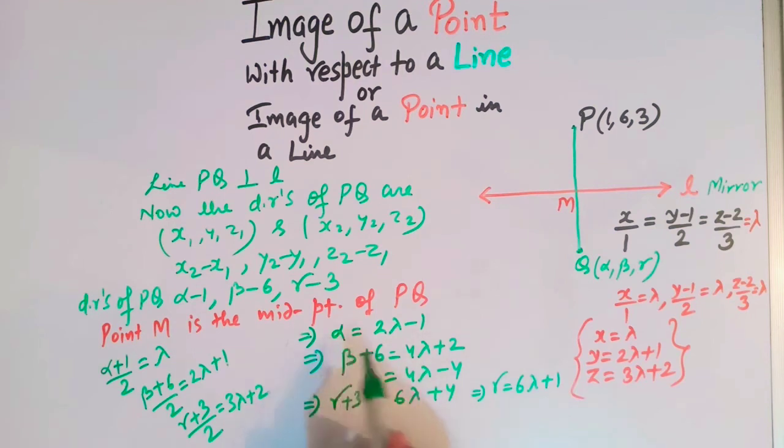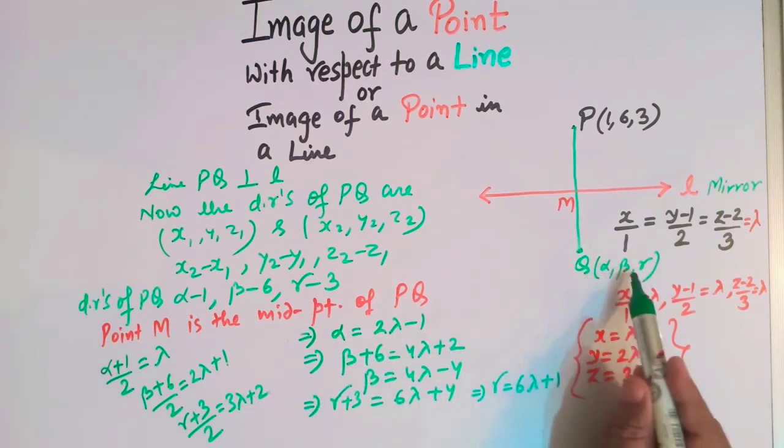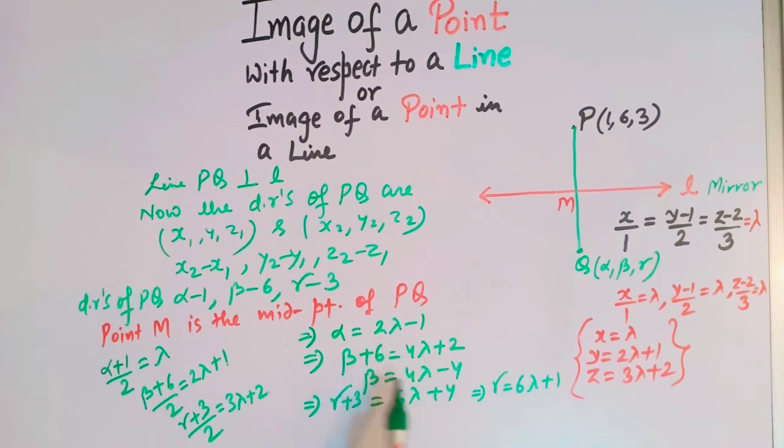So we have obtained the values of alpha, beta and gamma in terms of lambda, right?